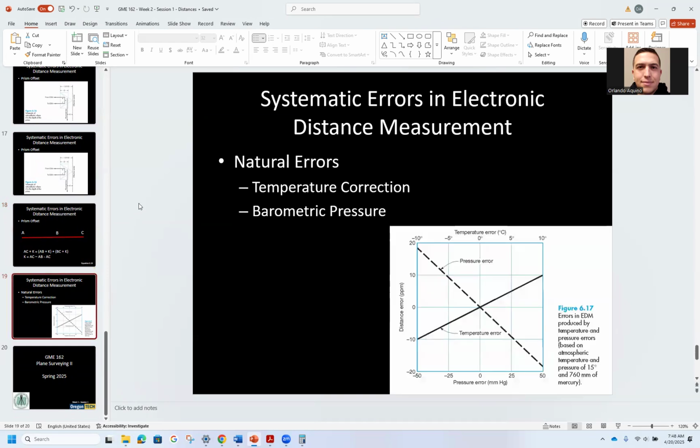The other part that you'll see in the video for the systematic and the personal errors is temperature and atmospheric conditions. So you always want to understand that heat and cold are always going to matter, especially when it comes to long sight distances.